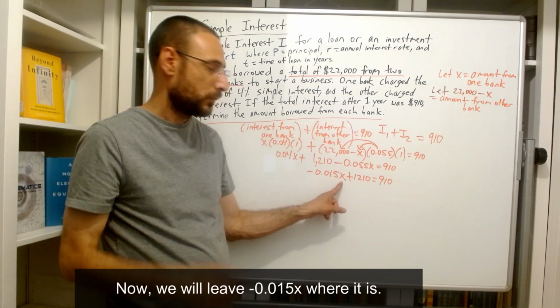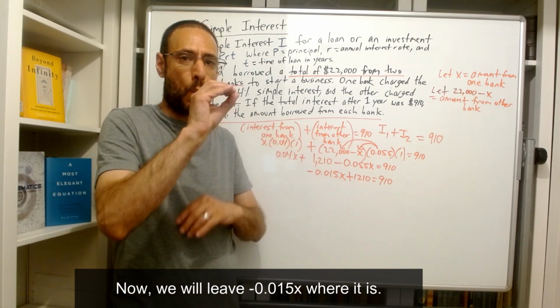Now, we will leave negative 0.015x where it is.